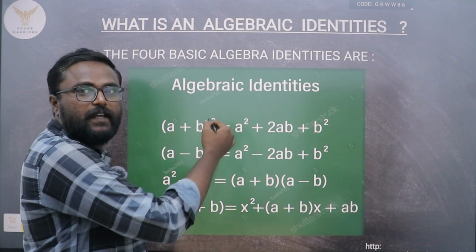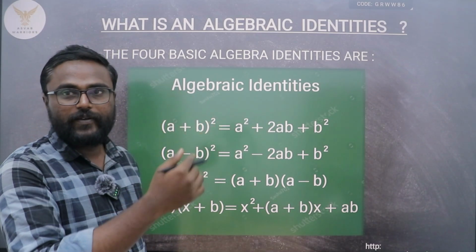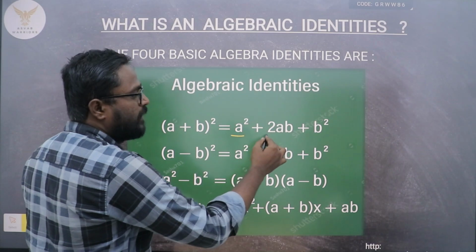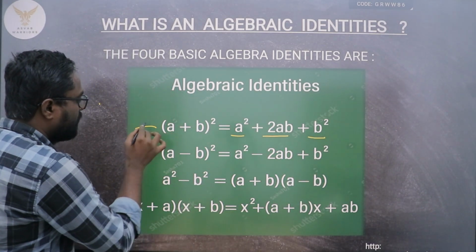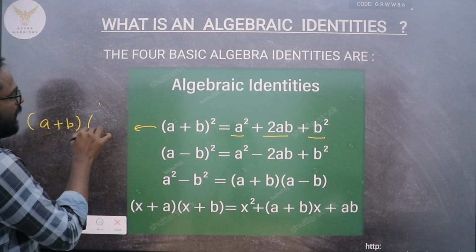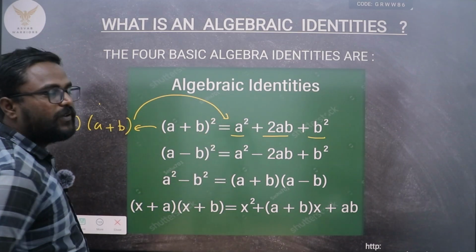A plus b to the whole power 2, or a plus b whole square, will be equal to a square plus 2ab plus b square. This simply means whenever you multiply a plus b times a plus b, you are going to get this as your answer.